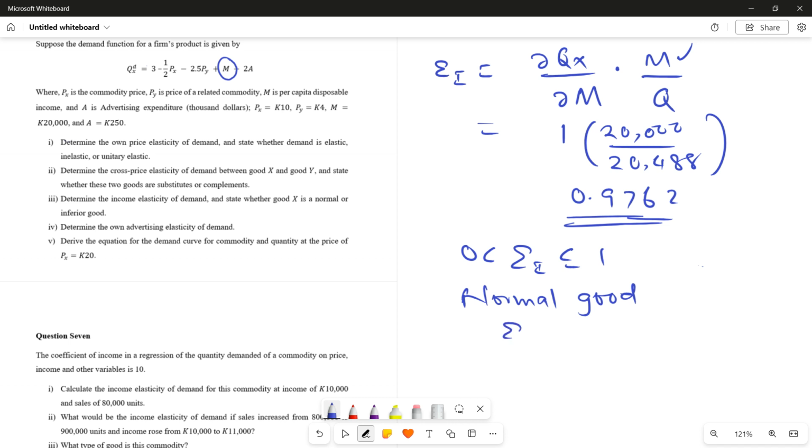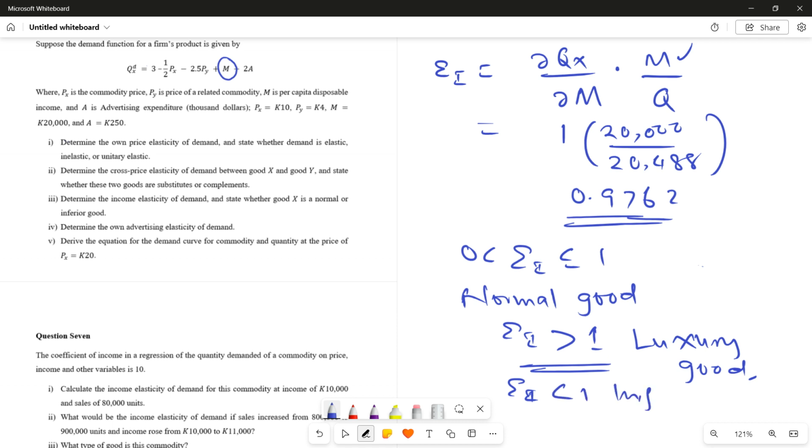Now, how about a case where this is greater than 1? That is a case of what is called a luxury good. And if your elasticity of income is less than 0, this is a case of an inferior good. Just to help someone, a normal good is a good where an increase in income will lead to an increase in demand.